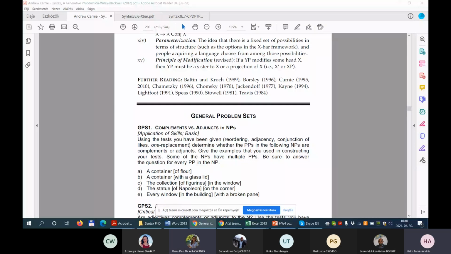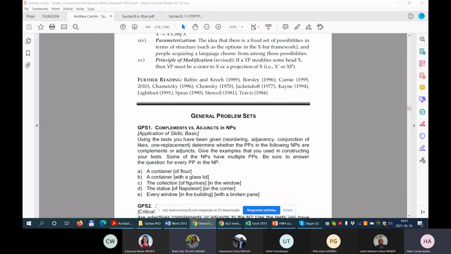Okay, great. Yeah, and another test I use is a test of adjacency, in which I put the phrase of figurines next to the head. I put the phrase in the window next to the head, the collection, and I have the phrase, the collection in the window of figurines. So when I change this position, this noun phrase looks off.